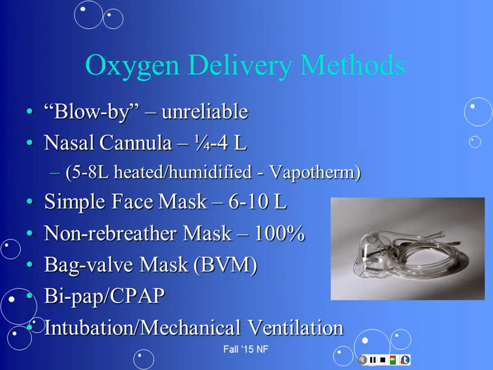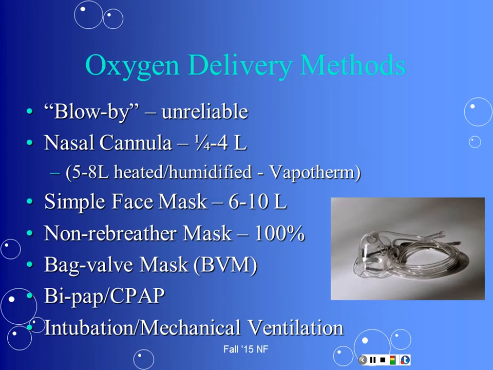Other than that, you'll see nasal cannula, and it can deliver anywhere from a quarter to about 4 liters of oxygen. Anything above that on nasal cannula is considered high flow. So a quarter to 4 is low flow nasal cannula. When it's high flow, it needs to be humidified, because if not, you're going to totally irritate those nasal passages.